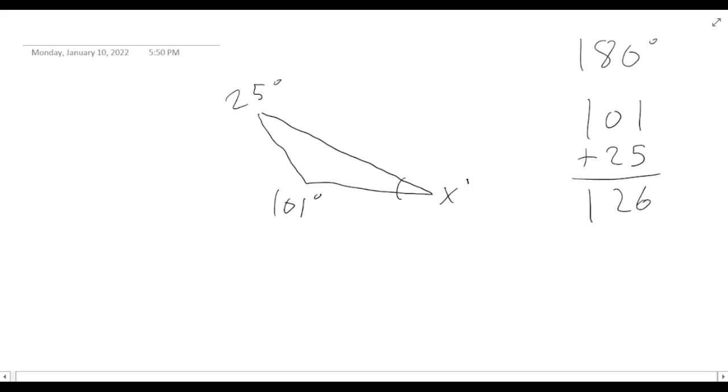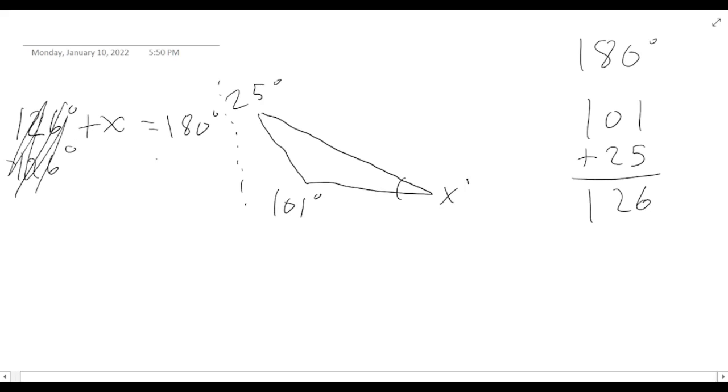So now let's put it in our algebra equation format. So 126 degrees plus x equals 180 degrees. Perfect. Now we just subtract 126 from both sides. So subtract 126 right here, cross that out, and subtract 126 from this side.